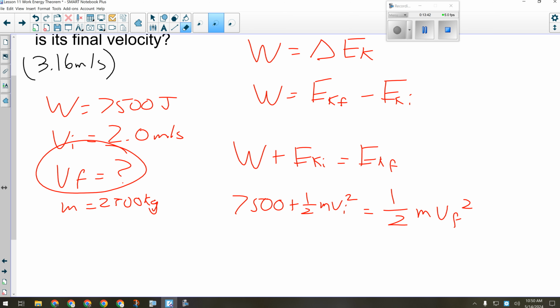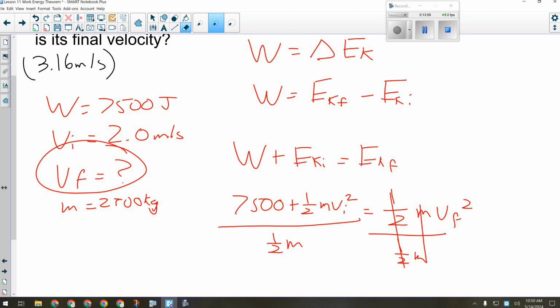I want to get vf by itself. What do I do with the 1/2 and the m? Divide them over to the other side. That gets me vf squared.